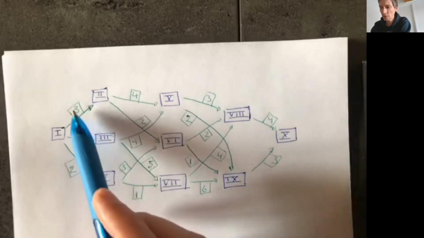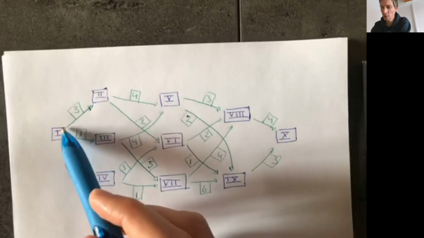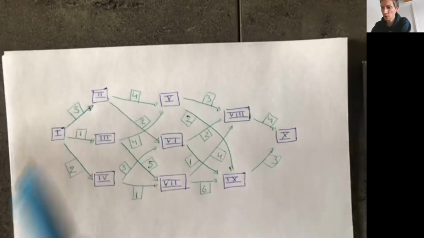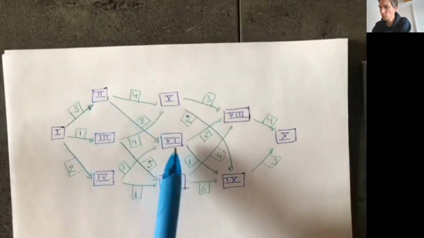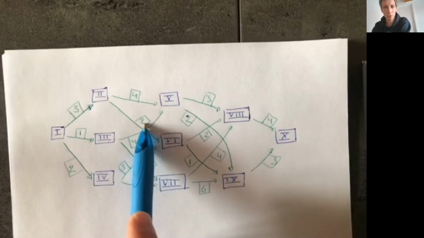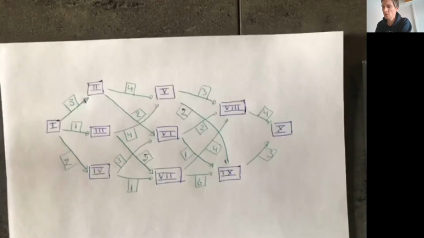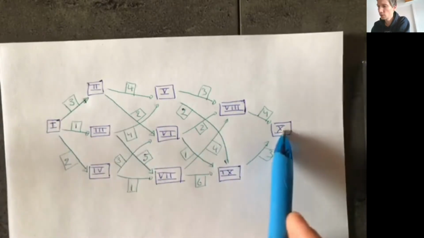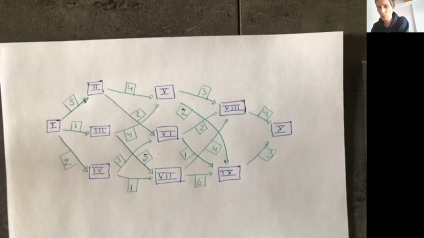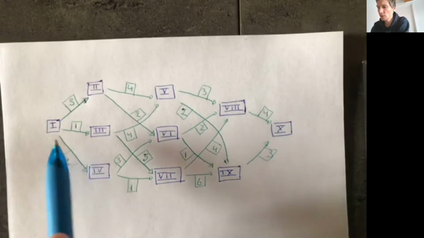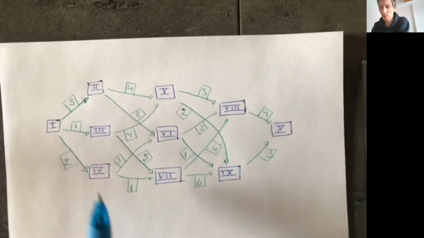Every arc has a number associated with it, and you can think of this as the cost of traversing the road. So if you go from 1 to 2, then you have to pay a cost of 3. And if you go from 2 to 6, you have to pay a cost of 2, and so on. The problem with this network is I would like to go from 1 to 10. So I want to traverse this network using the shortest path or the minimum cost.